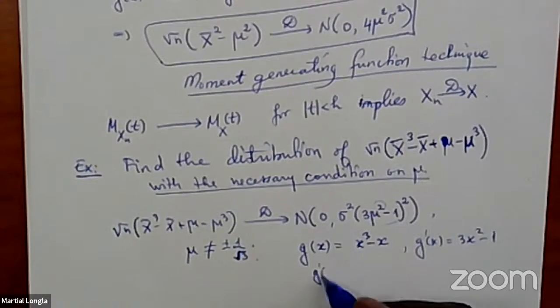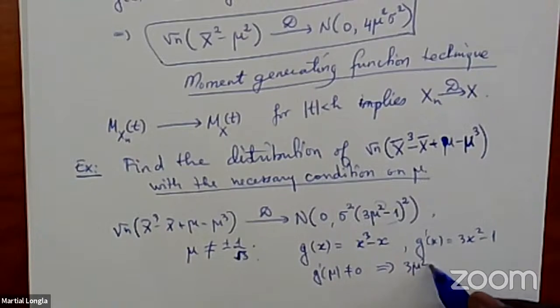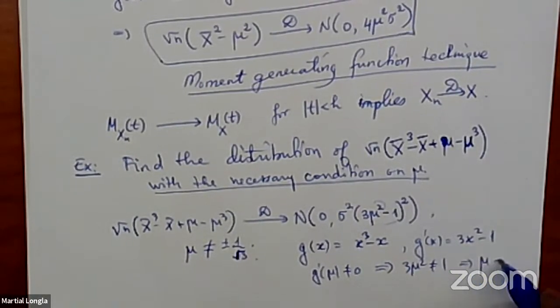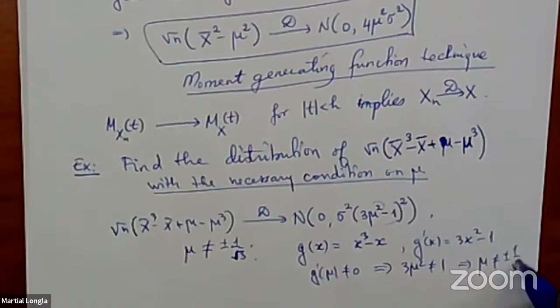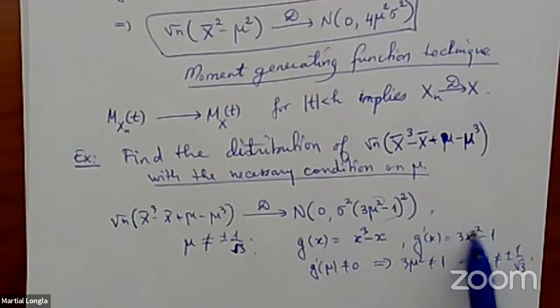So g prime of mu equals 0 means 3 mu squared equals 1, so mu equals plus or minus 1 over square root of 3. And then you take that square into the formula. Pretty easy, right? But very powerful.